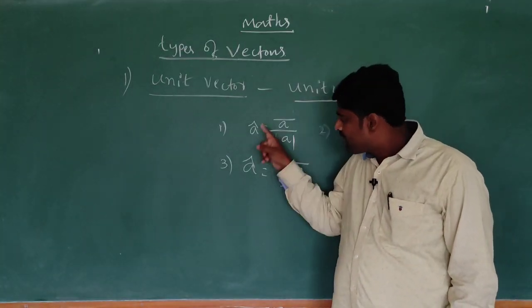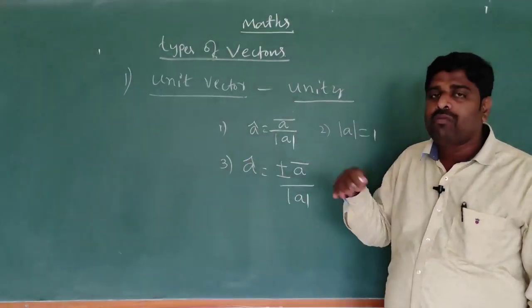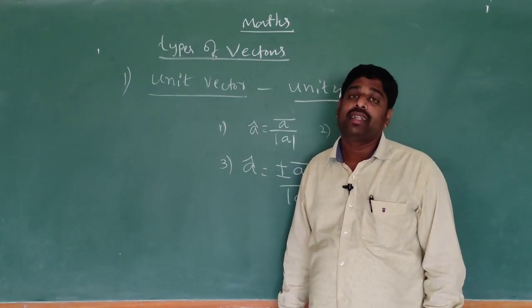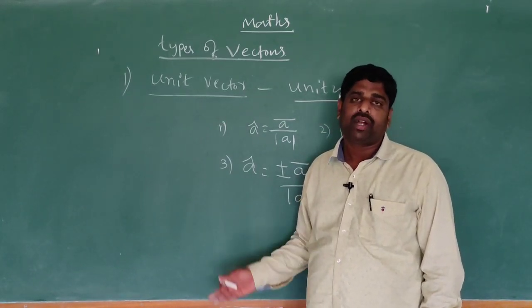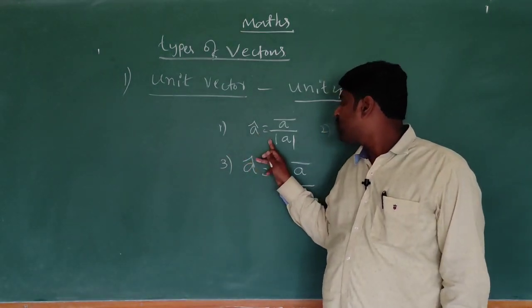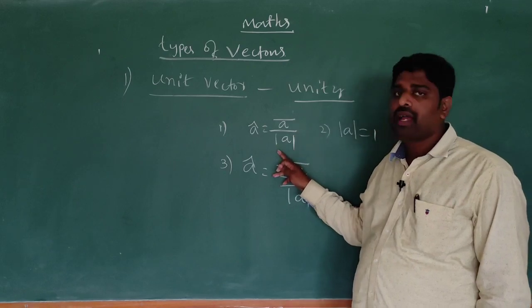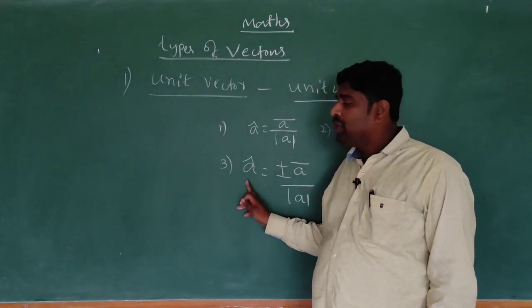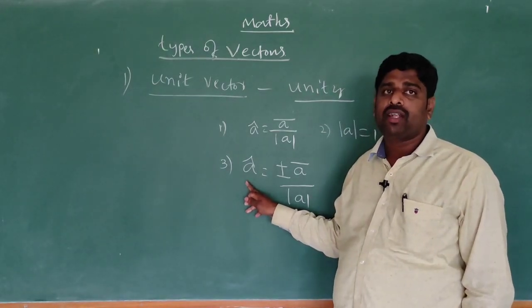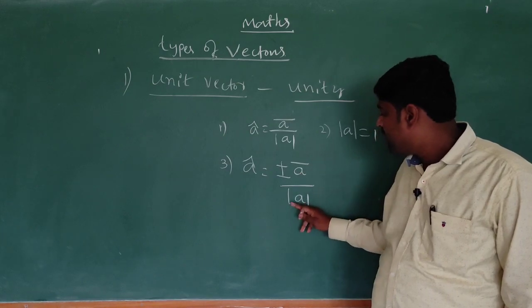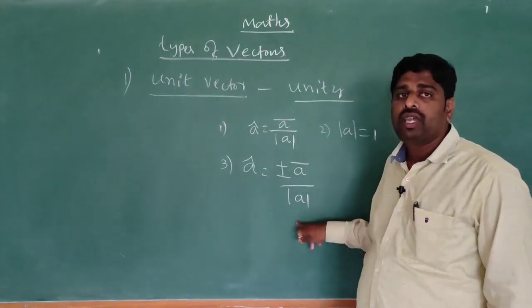And for the unit vector parallel to the vector, it is plus or minus a bar divided by magnitude of a bar.